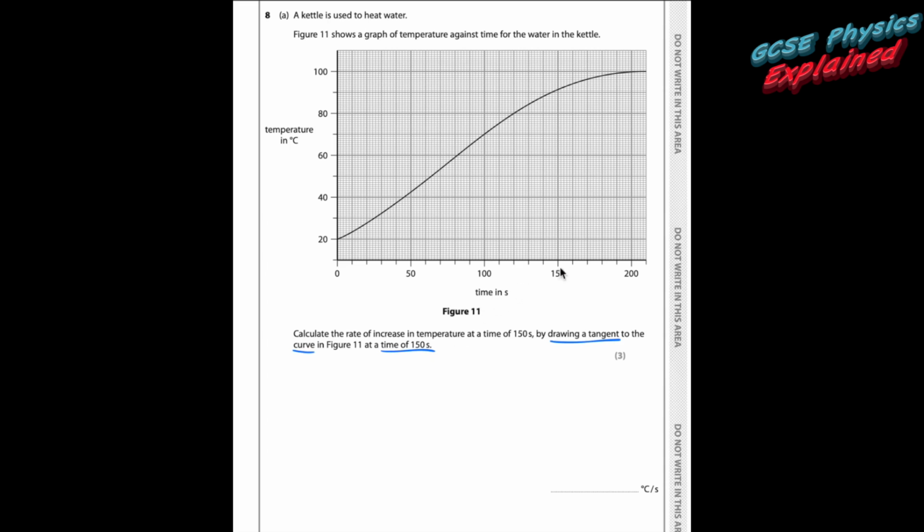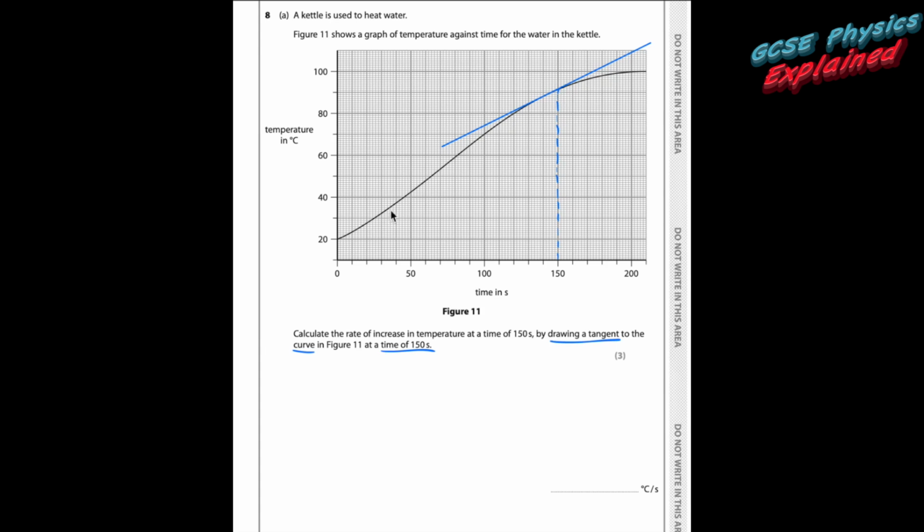Right, go to the time of 150 seconds and go up to the graph. Now we need to draw a line that is straight and that hits the graph at 150 seconds. So if we do a line like that and then just adjust it, this line should trace what the curve was actually doing at that point.